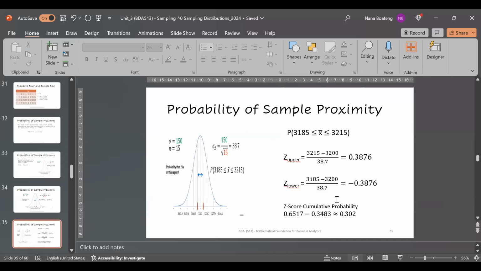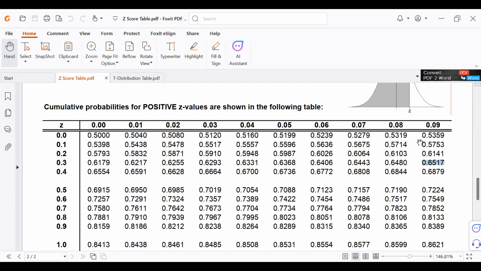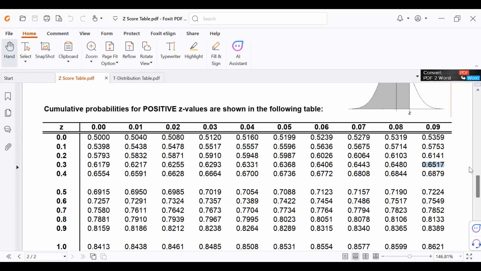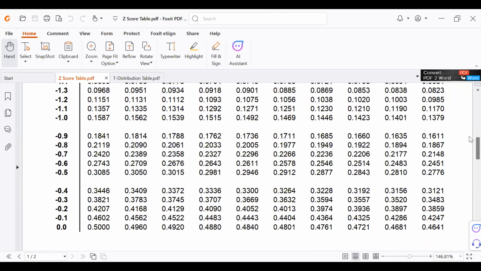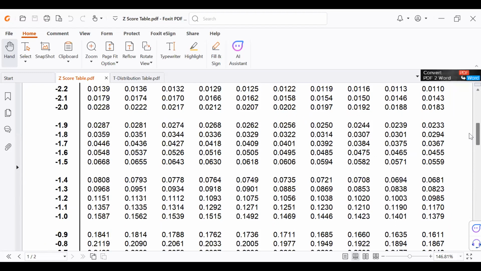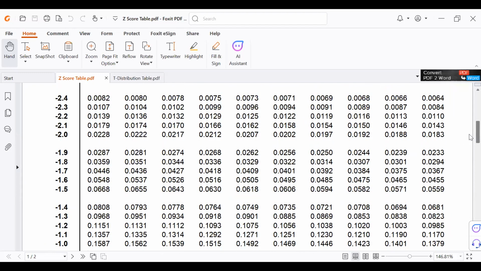Now let's see for the lower. The lower is negative 0.39. So let's go back to our table. Now that one is a negative figure, so we go to the negative side. We move to where we have negative 0.3.